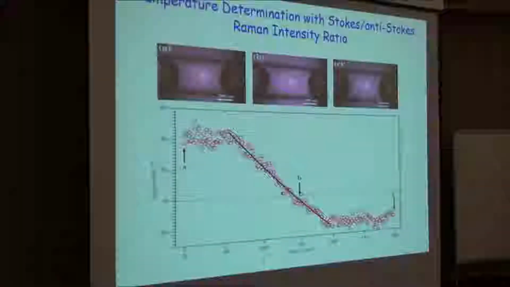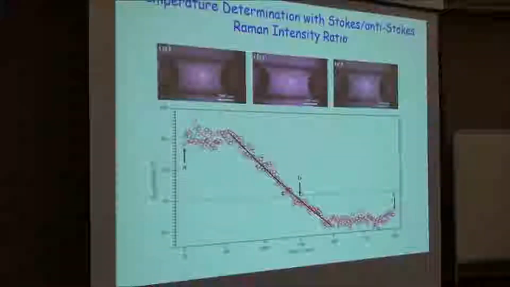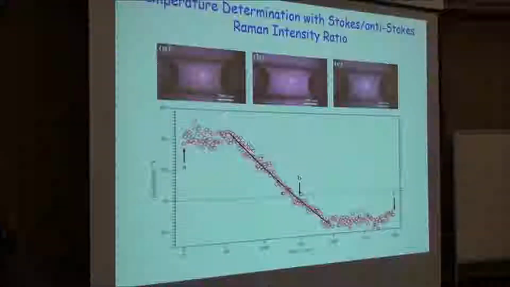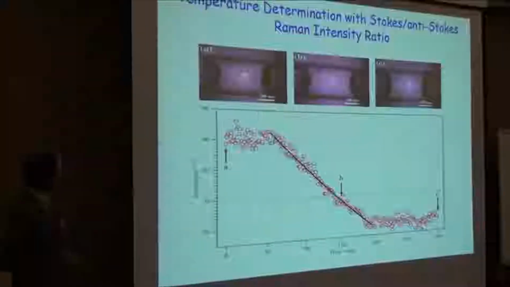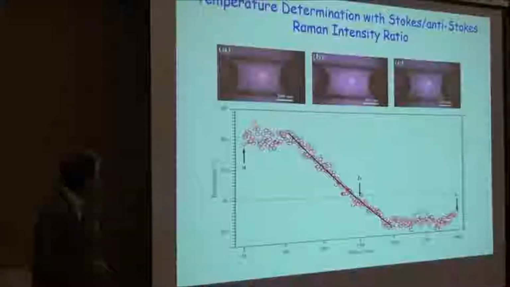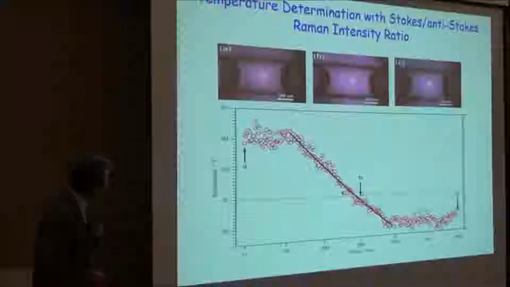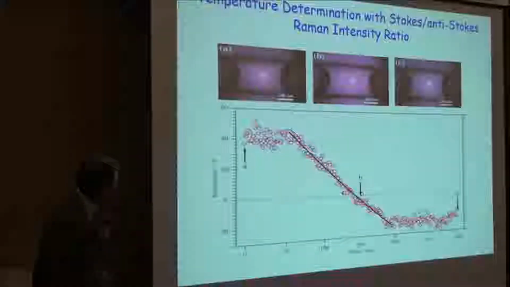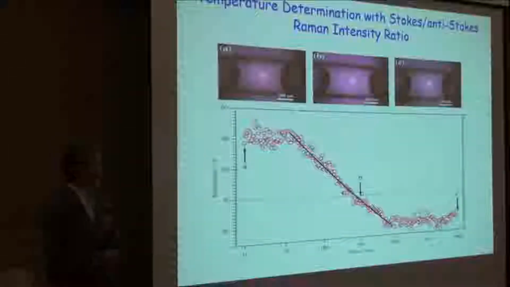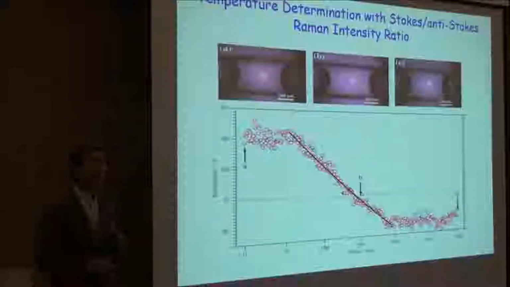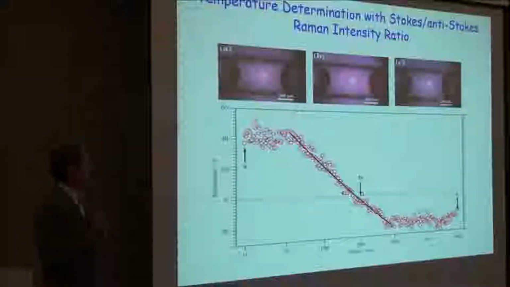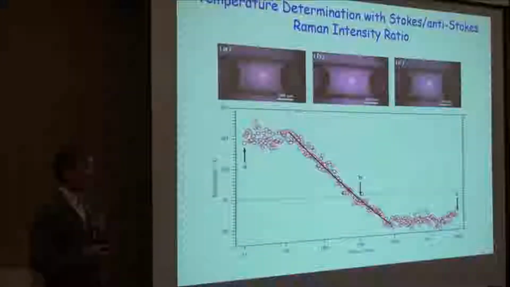So this is how the temperature changes with time, starting from 15 minutes to about 200 minutes. We gradually cool down the system. These are pictures. A here is 40 degrees, and then B here is about 0 degrees, still liquid, and C here is minus 20 degrees, still liquid. So here we have the cold water, we have super cold water, this is room temperature water, and we checked that there is no crystallization occurring in the experiment.